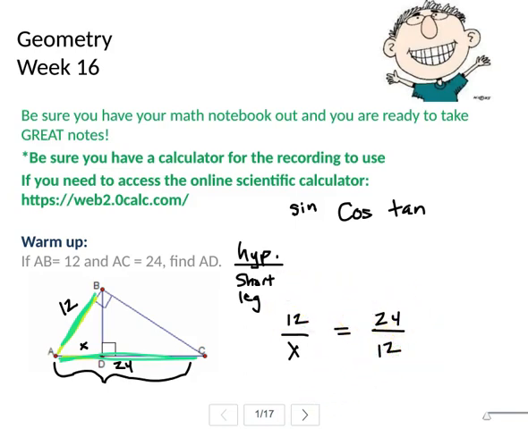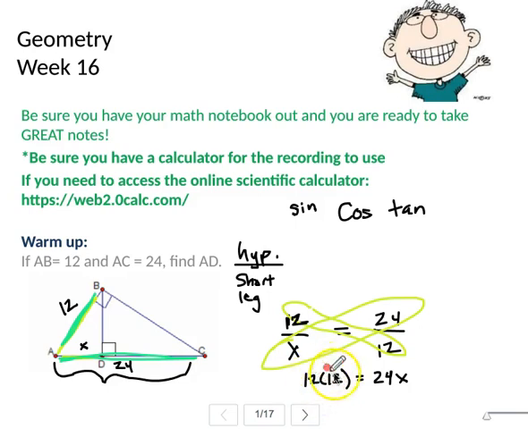And then, of course, we're going to use cross multiplication. I kind of covered up my number there. That's 12, remember? So we're going to have 12 times 12 and set it equal to 24 times x, or 24x.